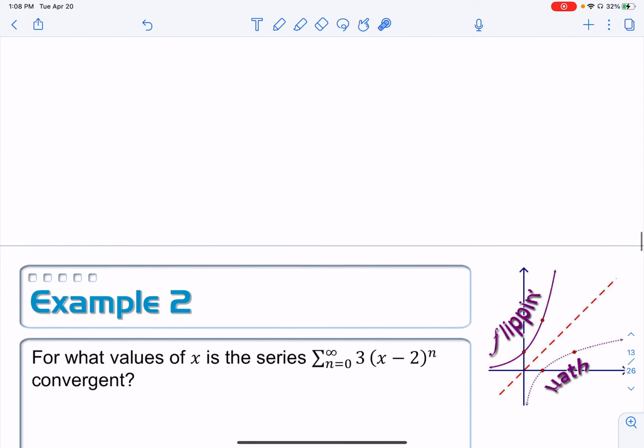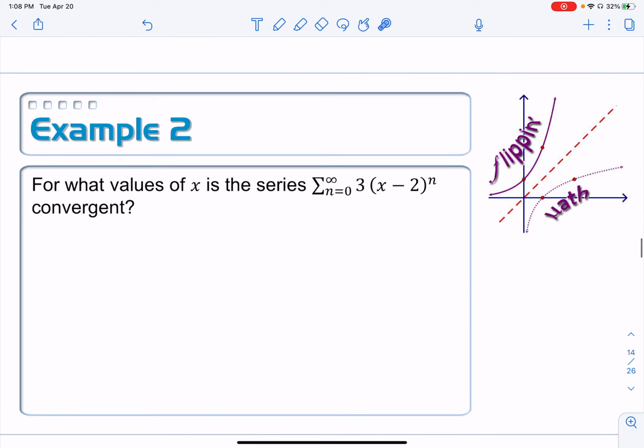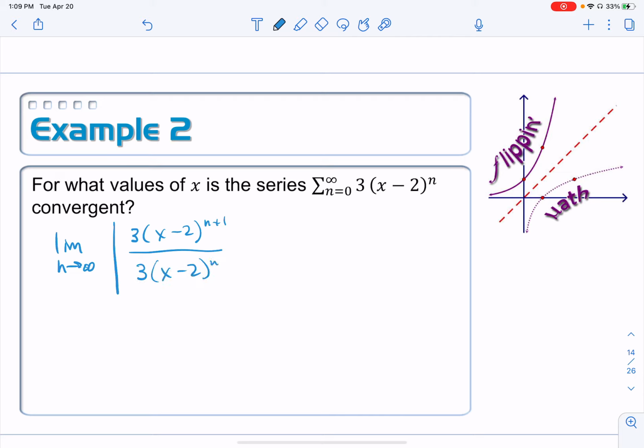All right, so I'm going to scroll down here a little bit. The limit as n goes to infinity, take the absolute value of the n plus 1th term over the nth term. Don't do anything to the x's. The only thing that's changing in this case is just the exponent. So this is 3 times (x minus 2) to the n plus 1 over 3 times (x minus 2) to the nth power.